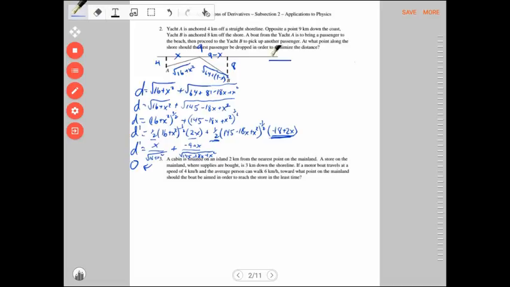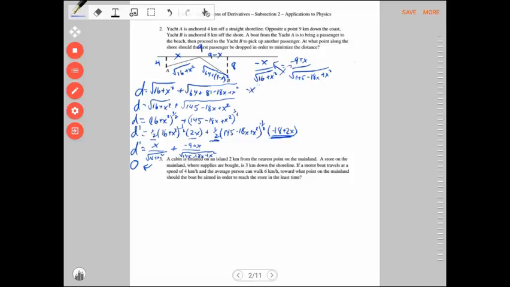So that x is going to move over, so negative x over the square root of 16 plus x squared equals negative 9 plus x over the square root of 145 minus 18x plus x squared. Once we have that, we cross multiply.